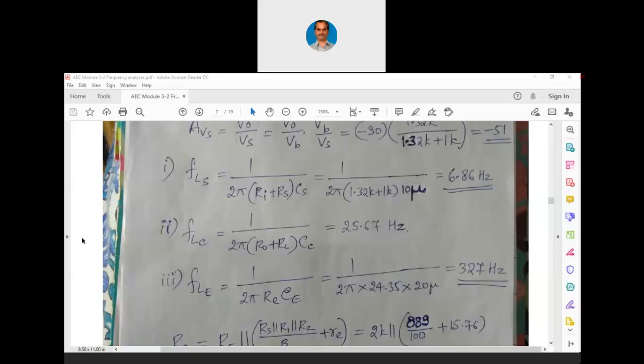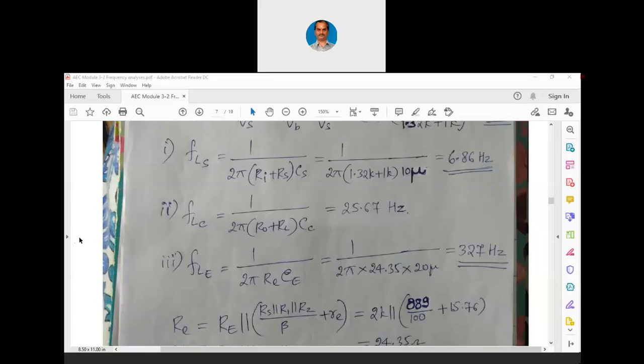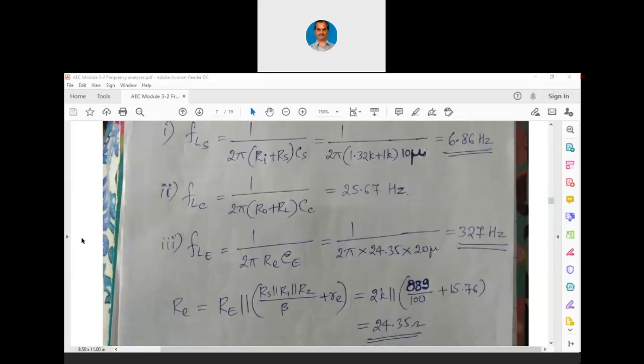Now, we can design an amplifier for a given lower cutoff frequency also by choosing those respective capacitance values. So I repeat that it is not that randomly we are choosing an input capacitance, output capacitance and emitter capacitance just because a capacitor has to pass AC and block DC. That is not the idea there. The value also plays a very important role in deciding the cutoff frequency of the amplifier.